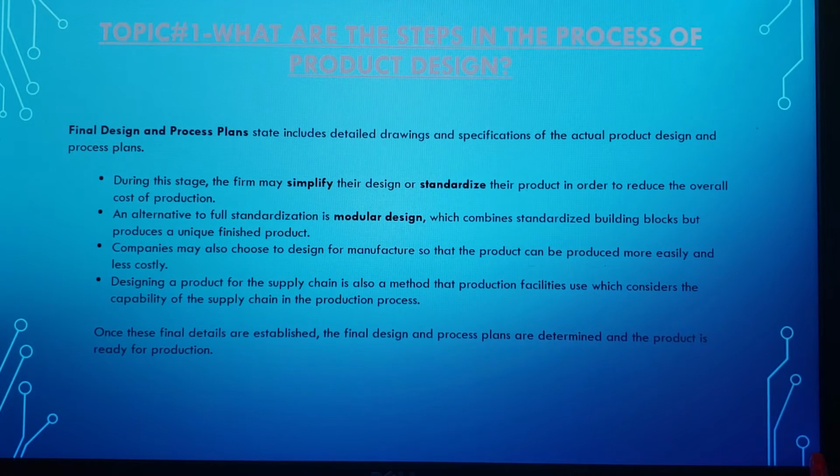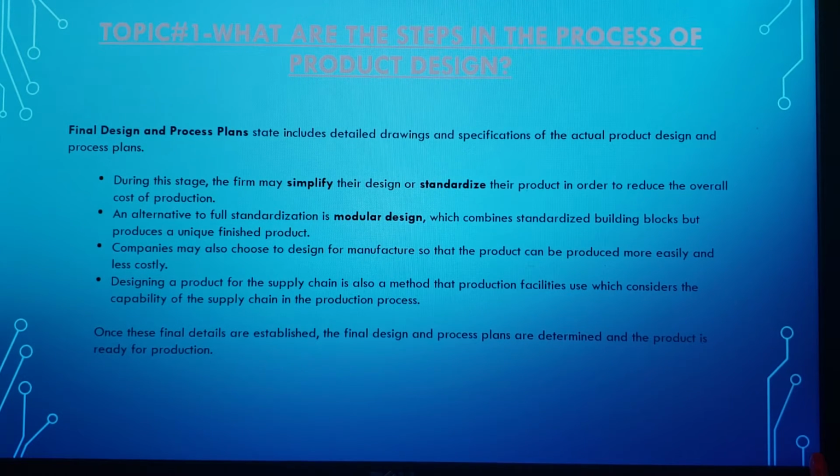The final design and process plans stage includes detailed drawings and specifications of the actual product design and process plans. During this stage, the firm may simplify their design and standardize their product in order to reduce the overall cost of production. An alternative to full standardization is modular design, which combines standardized building blocks but produces a unique finished product.